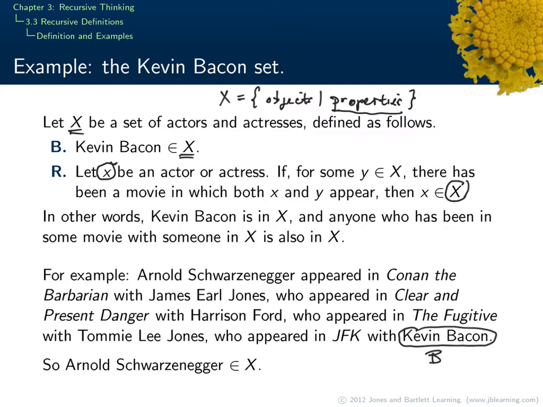So I know that Kevin Bacon is a member of X, and Tommy Lee Jones acted together with Kevin Bacon in a film. And so that means that Tommy Lee Jones is also a member of X.